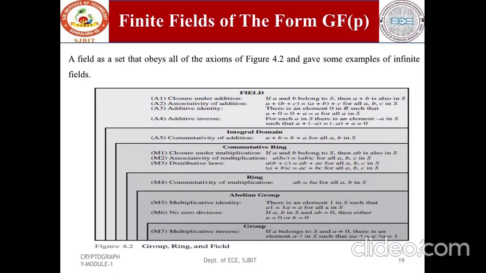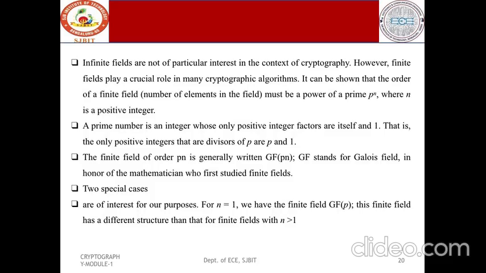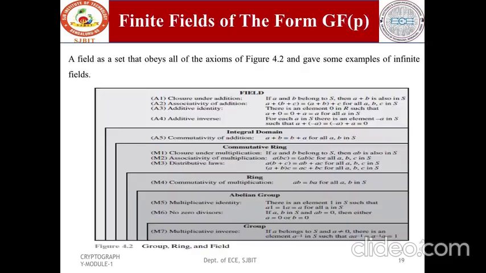So in addition to infinite fields, there are two types of finite fields that can be seen in the figure. Finite fields play a crucial role in many cryptographic algorithms.